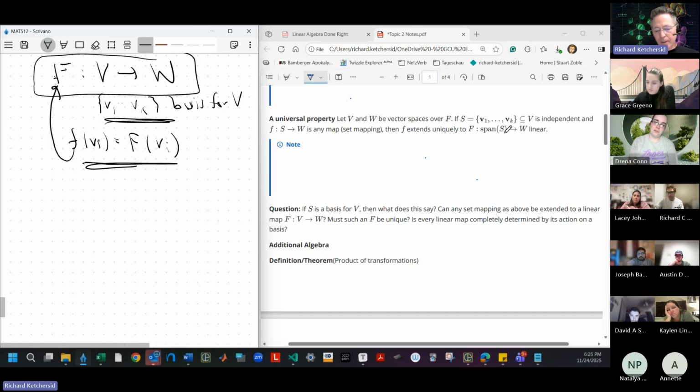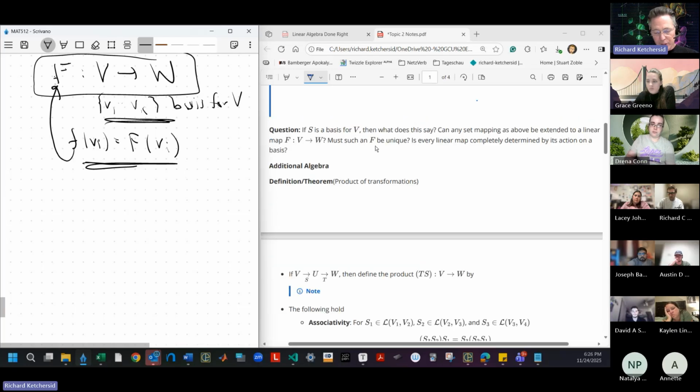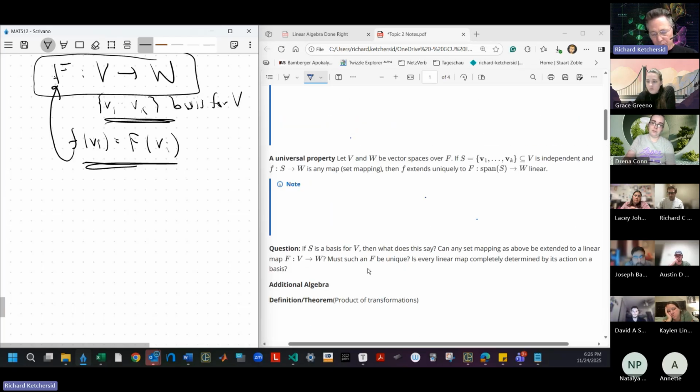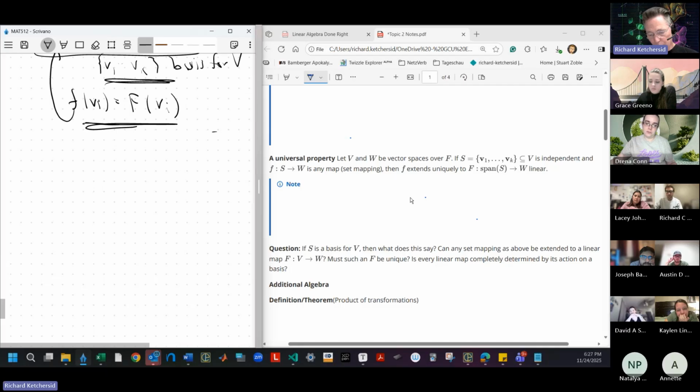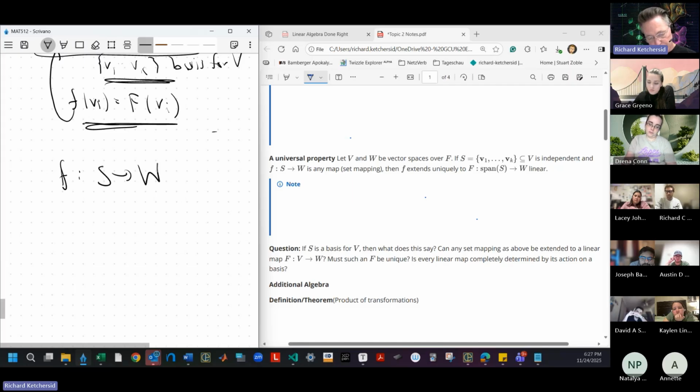By the way, can I always suppose this V is a finite dimensional vector space, and I have this S like this? So I have these questions down here, right? Answering one of these questions: can I always extend this F to a function going all the way from V? So I've got F going from S to W, where S is this finite set.